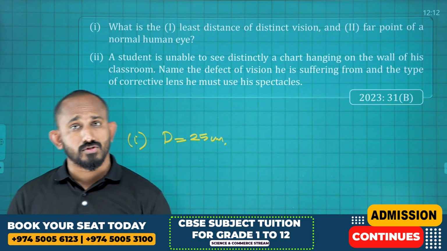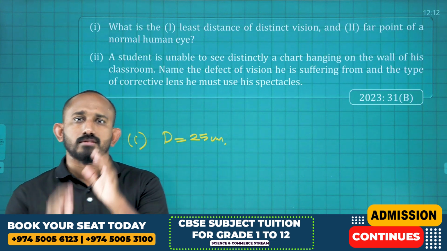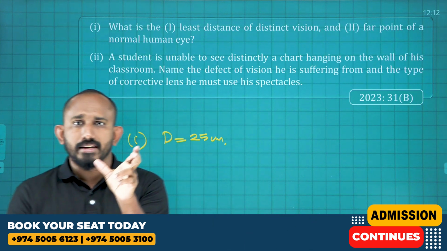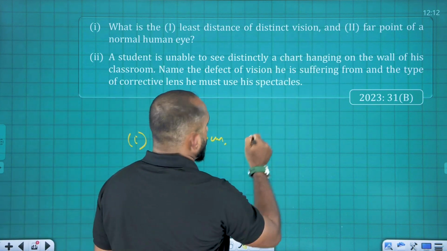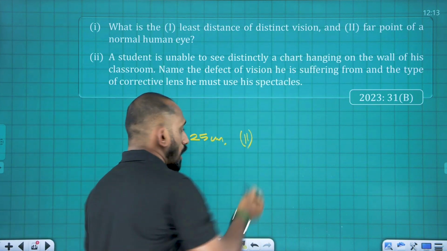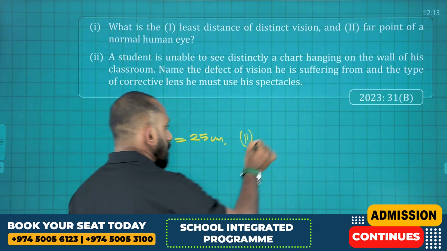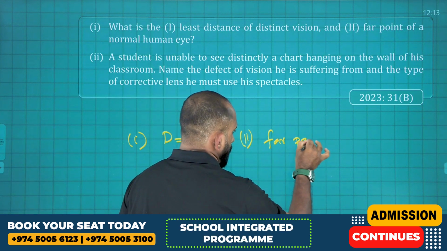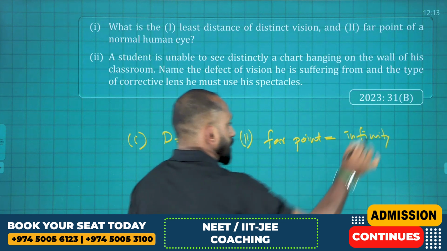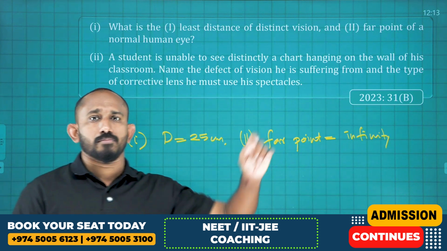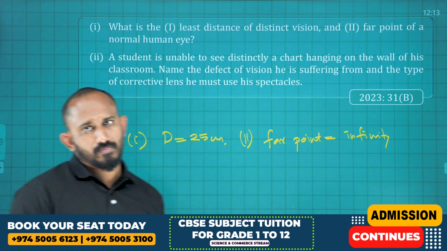So without strain, the ciliary muscle can contract up to this limit. So D is 25 centimeter. And the far point is how far the eye can relax. The far point is infinity. A normal human eye has an infinite far point, the maximum distance we can say.